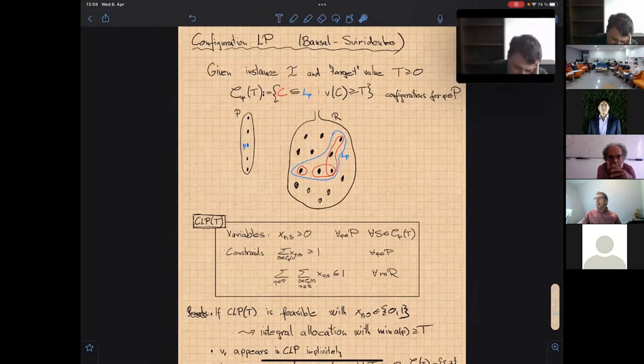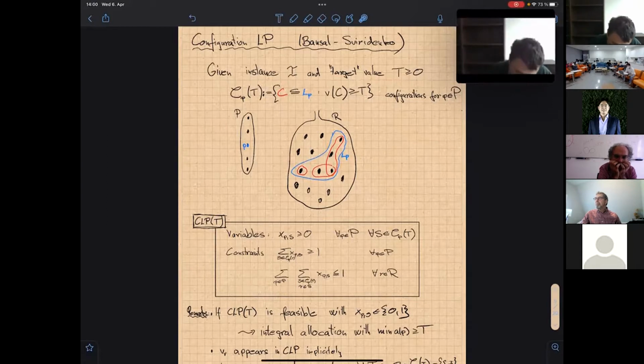These C's we will call configurations if their value is at least t. So this means that if our target is t, and this child will get this set C of presents, then this child is happy, satisfied.